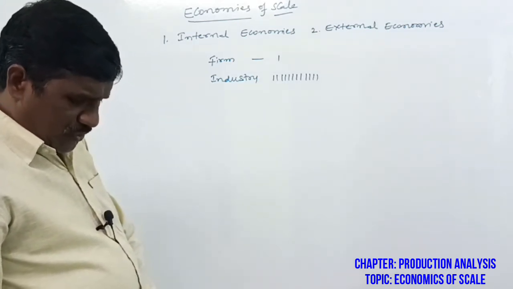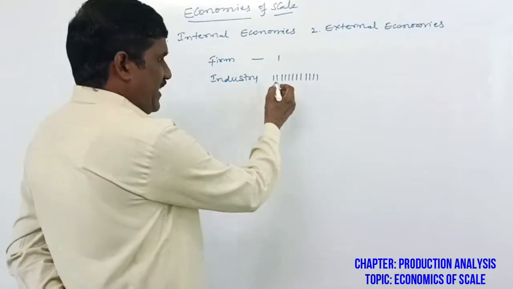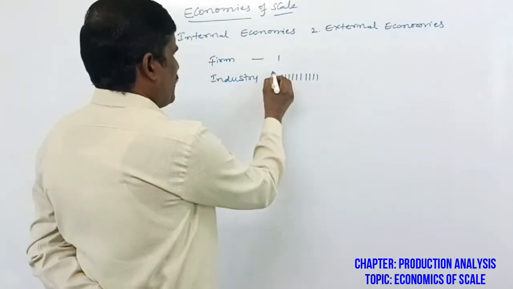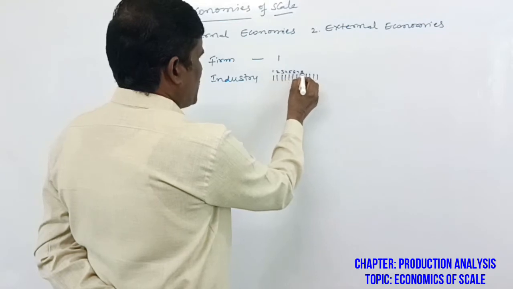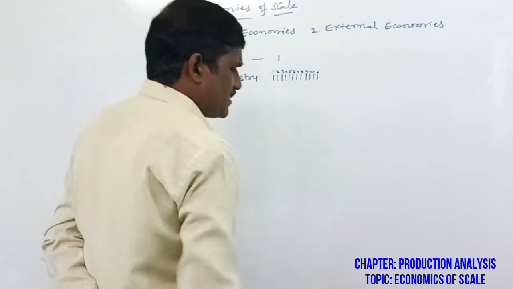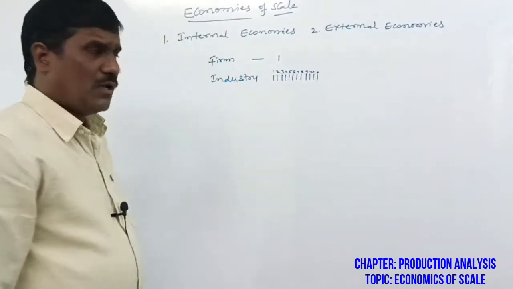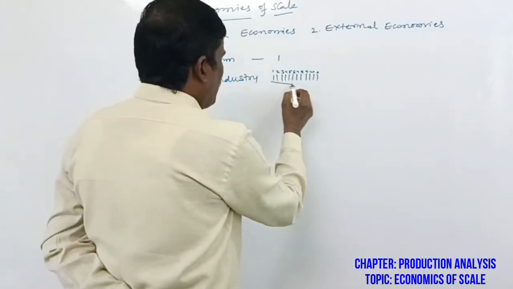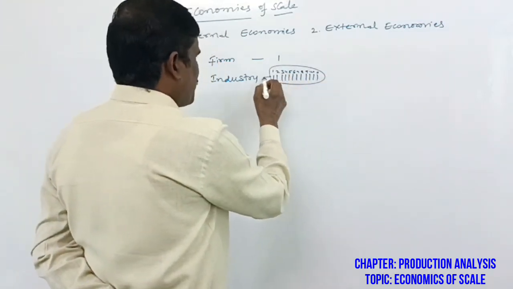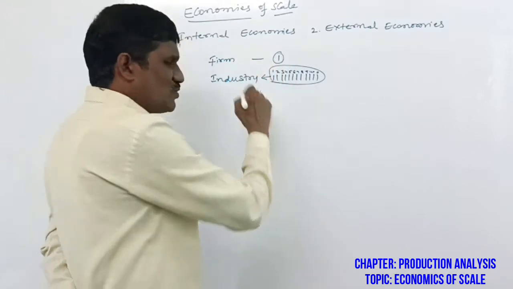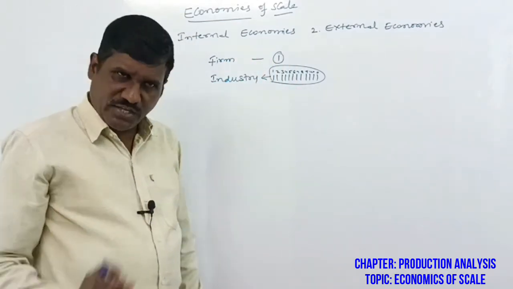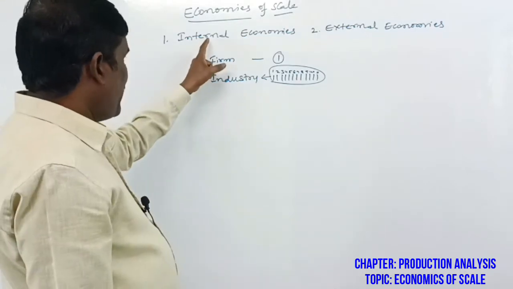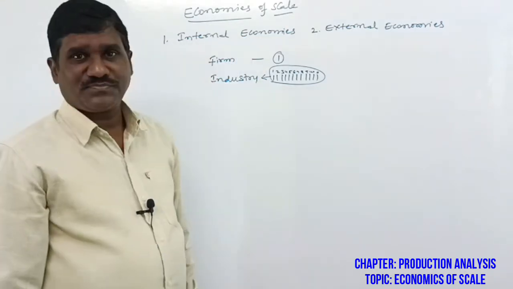It is not a counted number, it is a number of units, for example 1, 2, 3, up to 11. The combination of a number of firms is called the industry, and the single production institution is called a firm. Clear?